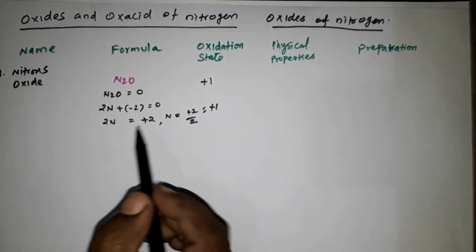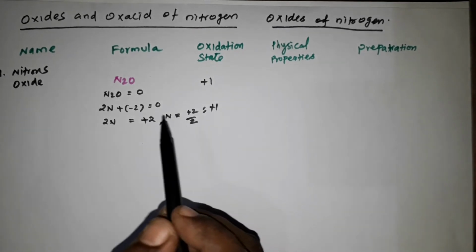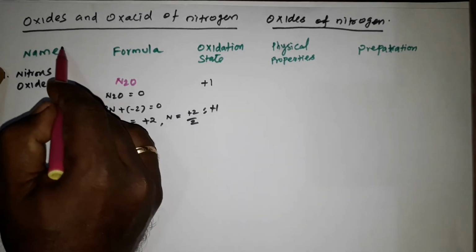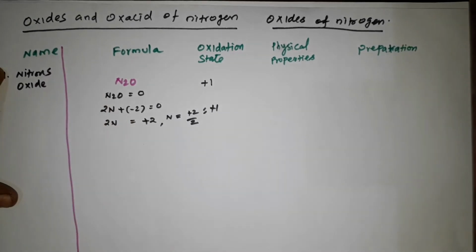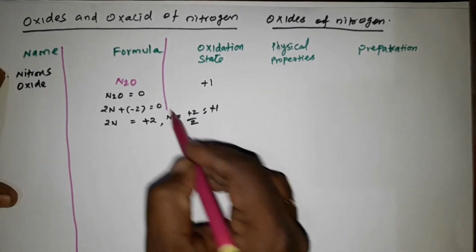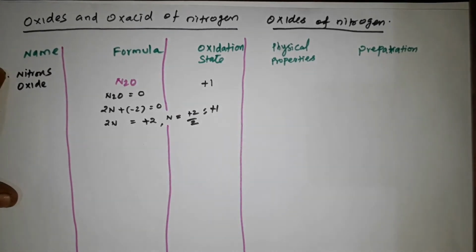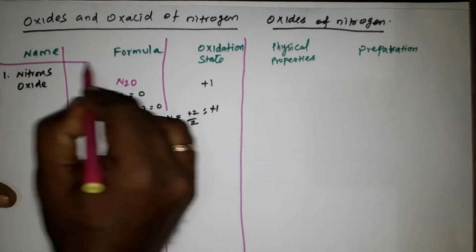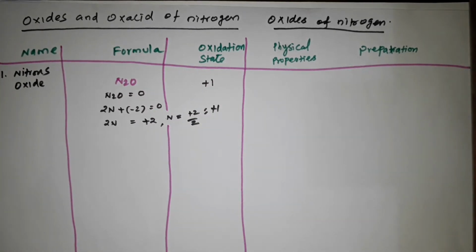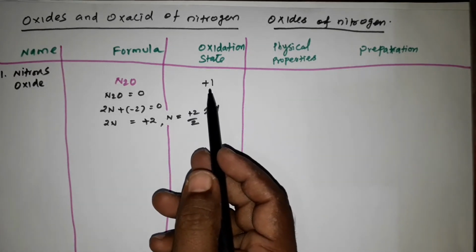So the oxidation state for nitrous oxide is plus 1. Let me make a column and then it will be easy. Hope you understood how the oxidation state is plus 1.